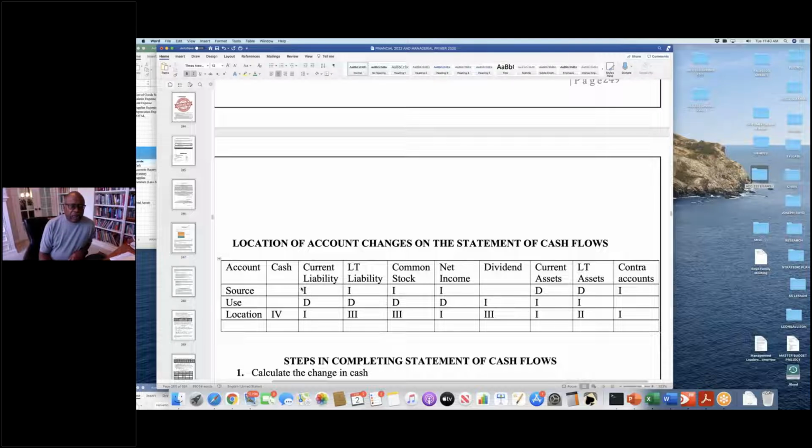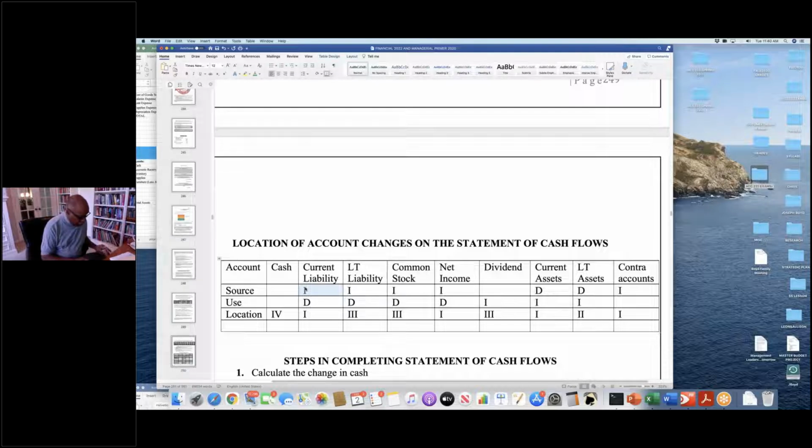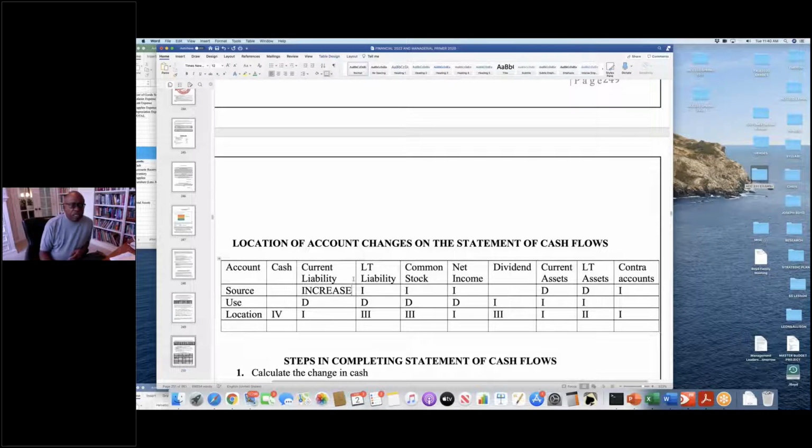Let me put caps lock here. Increase. Okay, so then let me copy these.